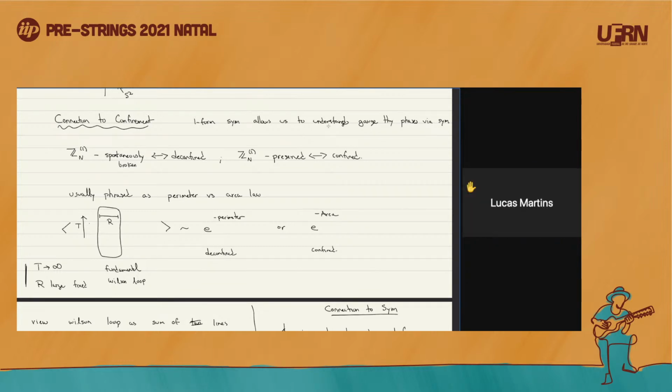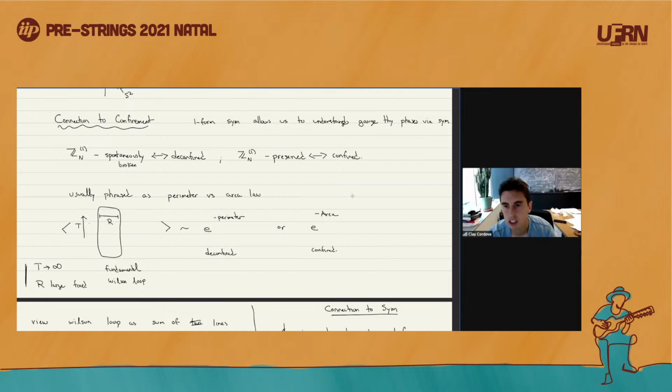I have a question. I don't understand quite well why you separate the two lines and just say that the expectation value of a line is 0 if you have a confinement phase. Because this is going to 0 in the limit where I take the thing infinitely long.